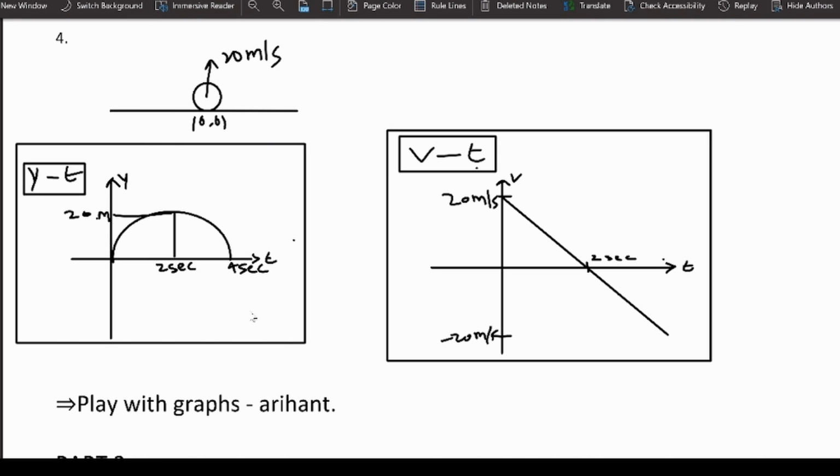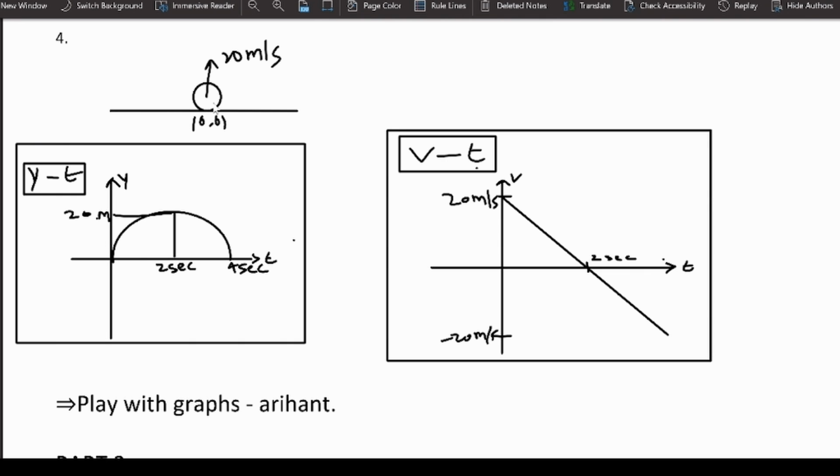So I'll repeat it. This is a projectile motion, right? Once you throw a ball up in the air with initial velocity 20 meter per second, from origin, at a time t equal to 2 seconds, it reaches its highest point, that is 20 meters. And you can find this by simple kinematic equations. The total up and down motion, also called the time of flight, takes 4 seconds.